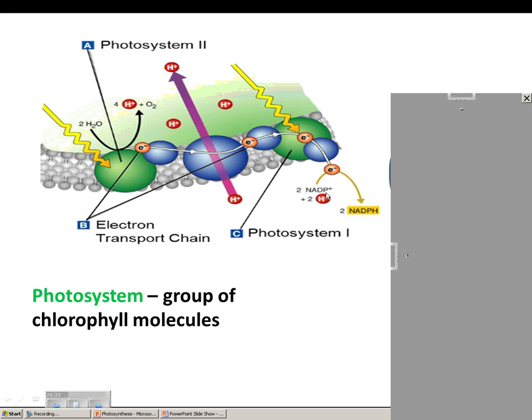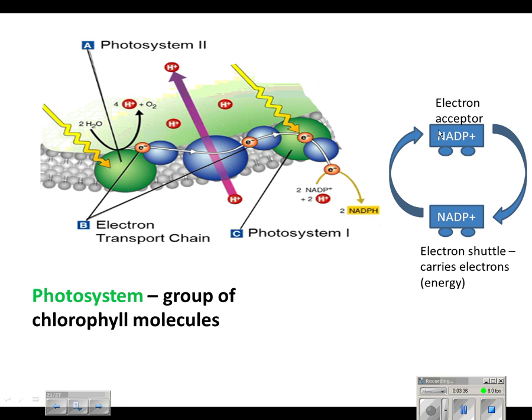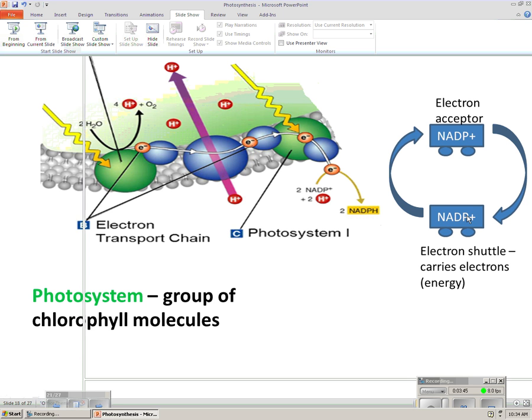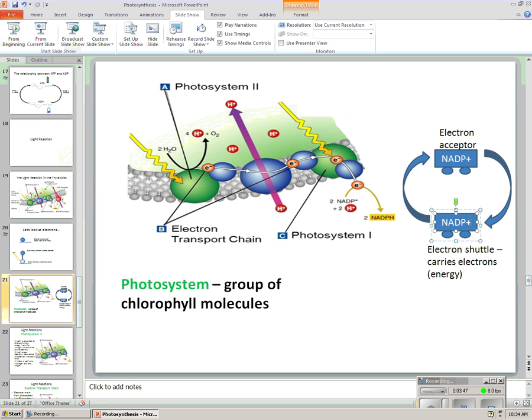If we look at this little diagram, NADP plus is kind of like a little taxi. It's an electron acceptor. It's going to accept an electron, and then this NADP plus is going to turn into NADPH.